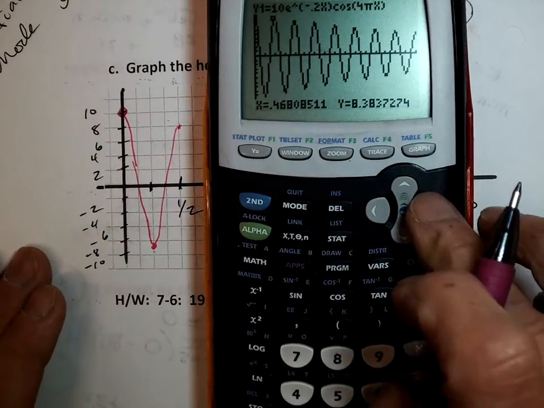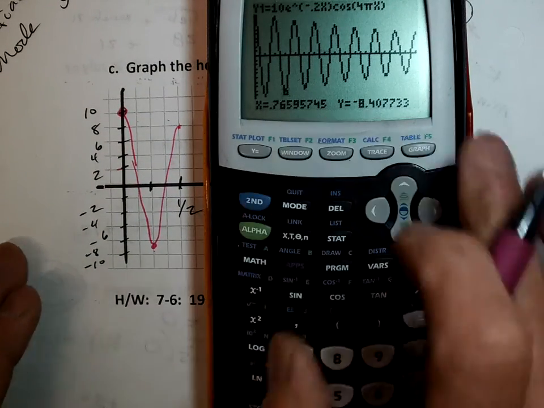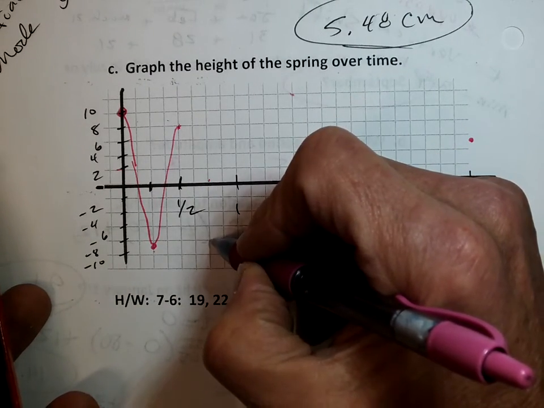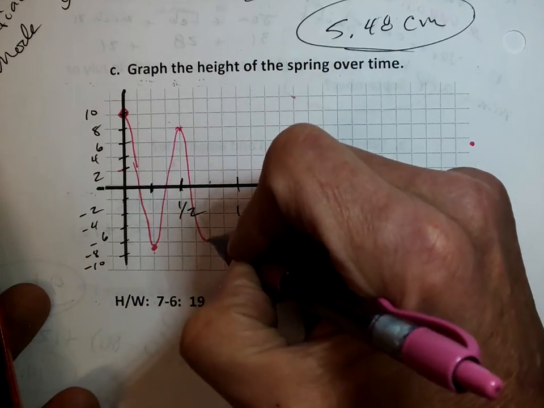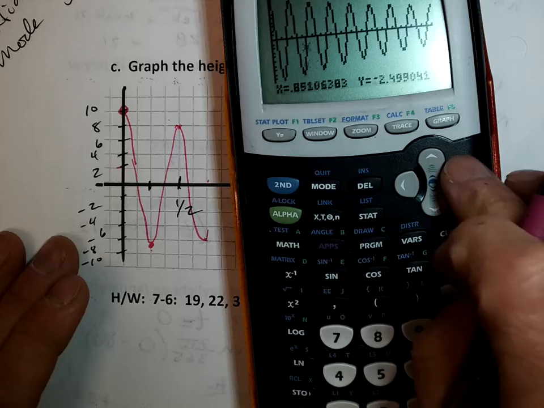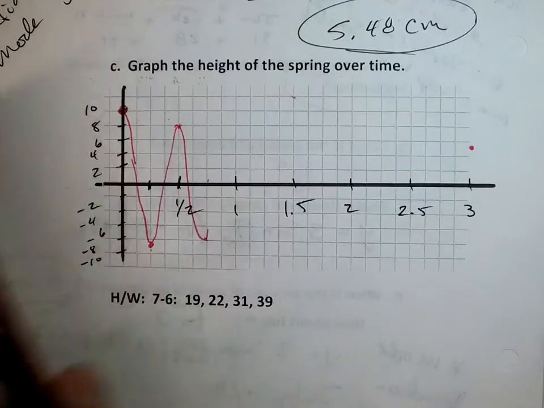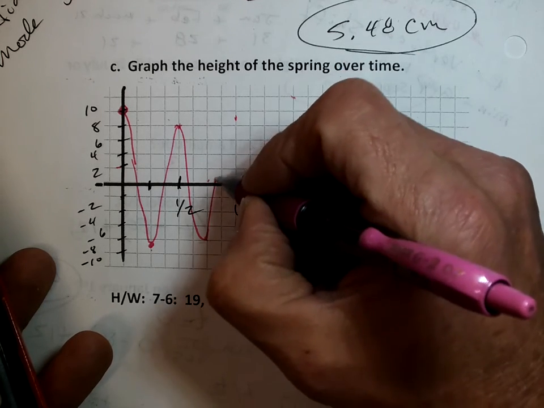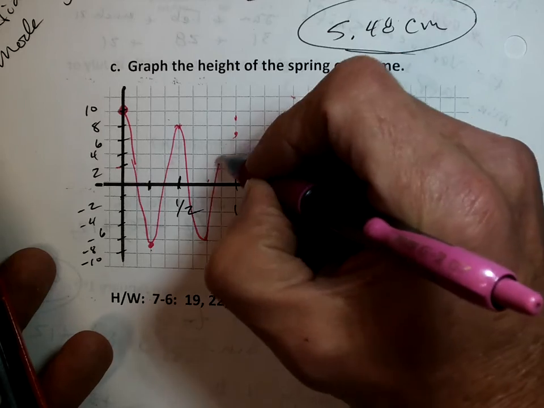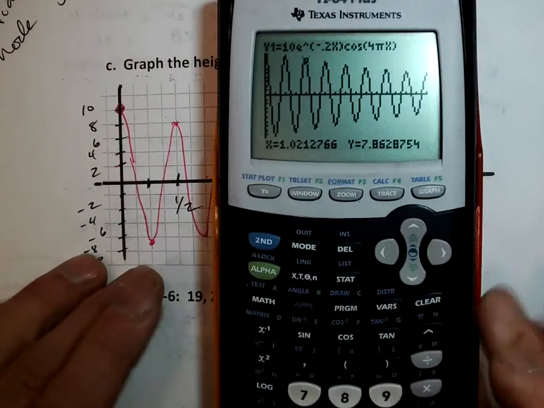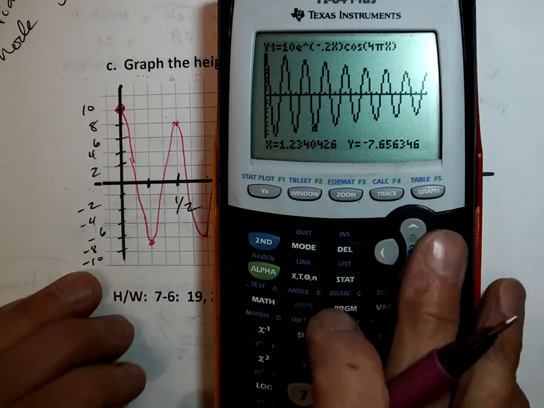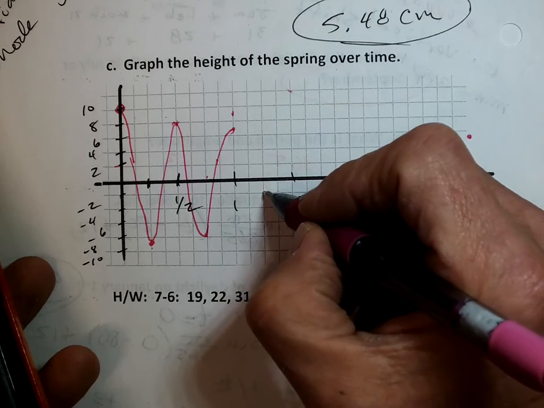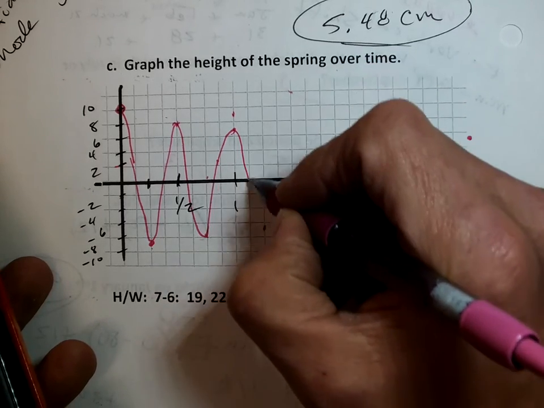Keep tracing. At about 0.75, negative 8, it's about there. At 1, we're about 7.8, maybe about there. And then at about 1.25, I'm at negative 7. 2, 4, 6, 7.